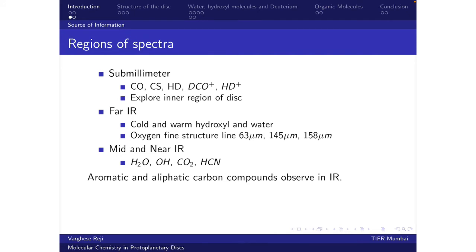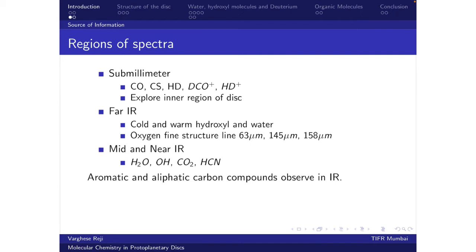Observations are conducted from the ground with ALMA and from space with the Infrared Space Observatory, Herschel, Spitzer, and others. The regions of the electromagnetic spectrum we use are the infrared and the millimeter or submillimeter ranges. We examine molecules such as CO, CS, HD, and others using submillimeter and millimeter scales, also the disk's inner regions.